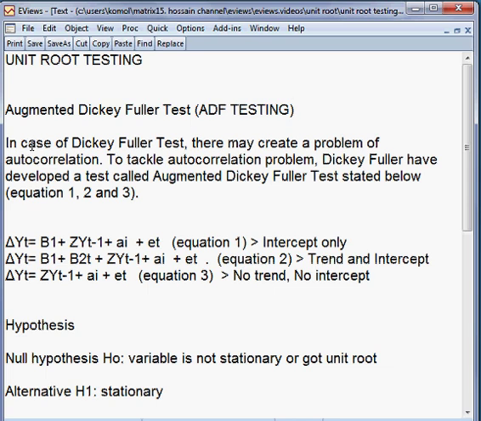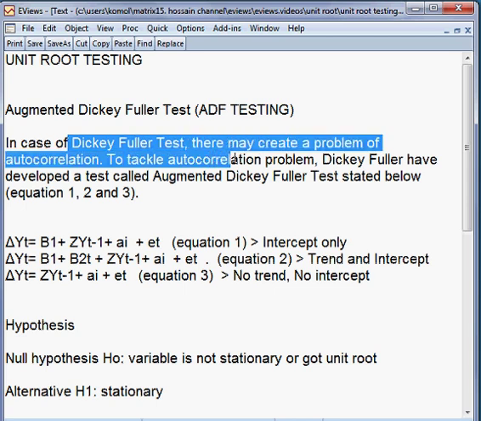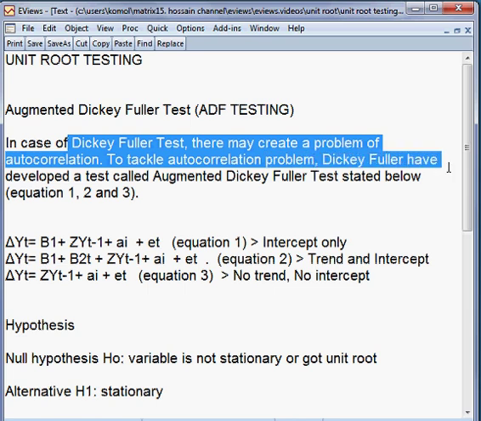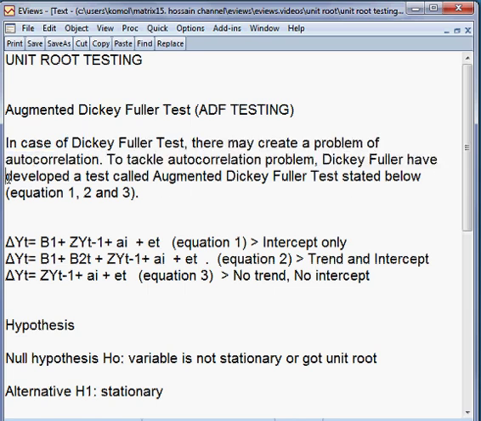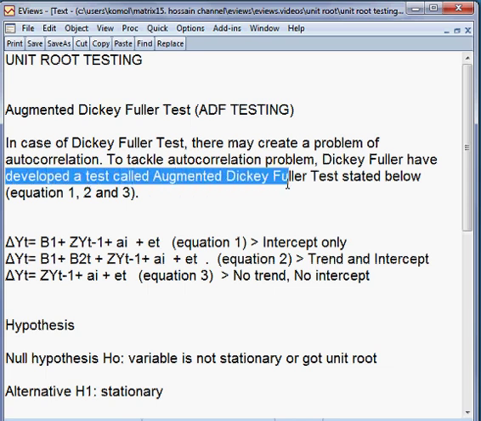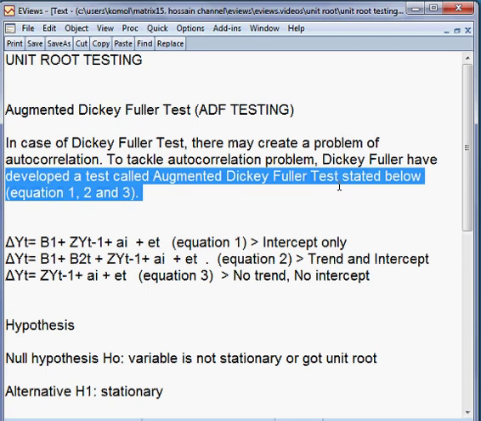Here in the Dickey-Fuller test there may be a problem of autocorrelation. So to tackle the autocorrelation problem, Dickey and Fuller developed a test called the augmented Dickey-Fuller test, stated below as equation 1, equation 2 and equation 3.